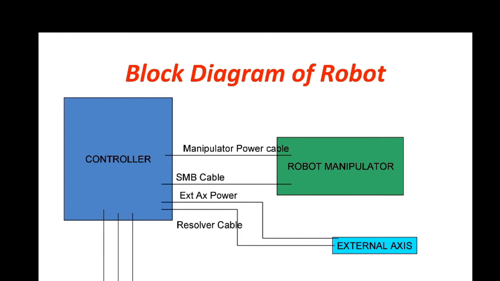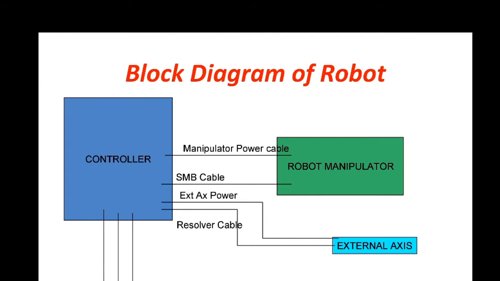This is the very basic thing. Block diagram of the robot: the manipulator controlled with the controller. Okay, the arrow mark will be done here.